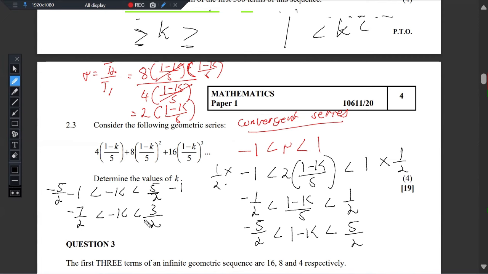As soon as you divide by negative, you have to flip the values. So if I divide by negative, this becomes positive, meaning it will jump over to the side, and then this becomes negative, meaning it will jump over to the side. So that means my K now is -3 over 2 and then +7 over 2.